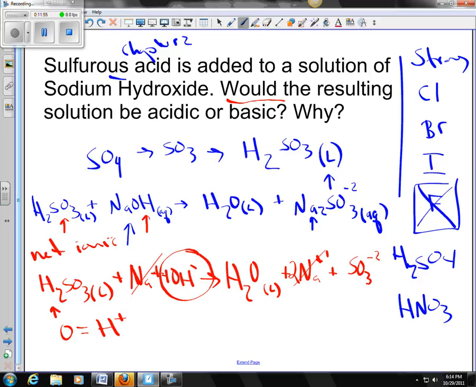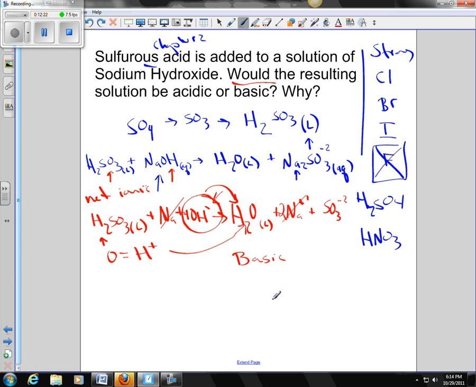Because anything that does come off here to react goes straight here. If I do have some hydroxide ions, and yes, there are some in there, but since this is strong and that's weak, we have all of our H's consumed, but OH is still left over. So we would say at the end, it is basic.